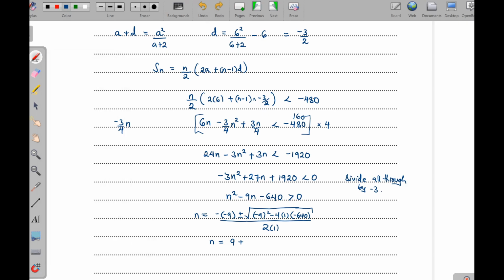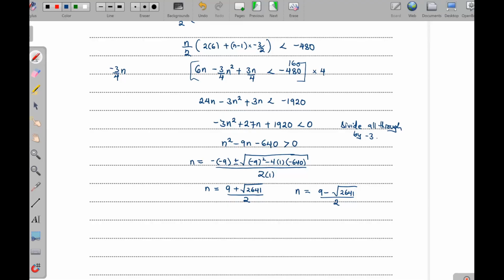So n is equal to 9 plus root of 2641 over 2, and we also have n equal to 9 minus root of 2641 over 2.